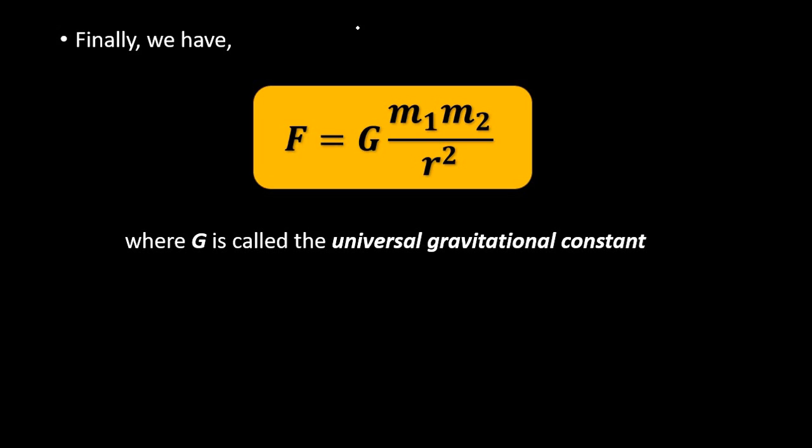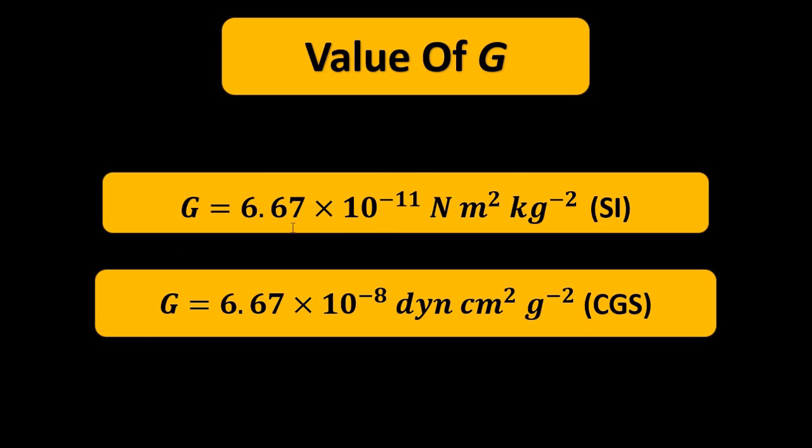So the important thing here is the gravitational constant. In the previous video we said that the value of G is 6.67 into 10 to the power minus 11 Newton meter squared per kg squared as per SI unit, and 6.67 into 10 to the power minus 8 dyne centimeter squared per gram squared as per CGS.